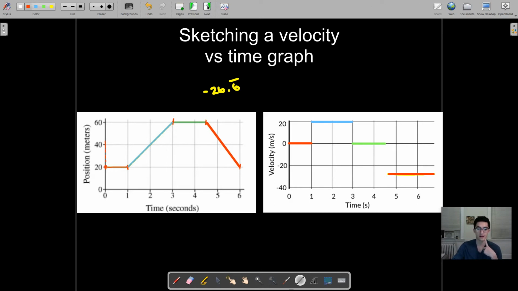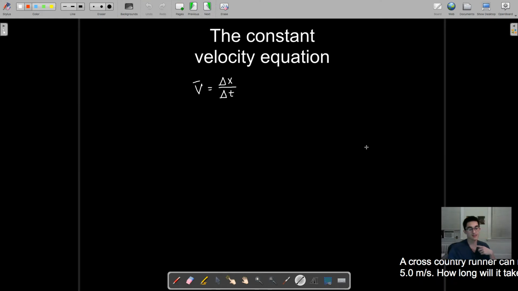All right, now we've been working with constant velocity a lot, and that's all we're going to be doing for today's video. Before we finish up, I want to do a problem involving a constant velocity, and for that we need an equation, and I'm going to derive an equation from a definition that we already know. We already know that average velocity is equal to displacement over time.